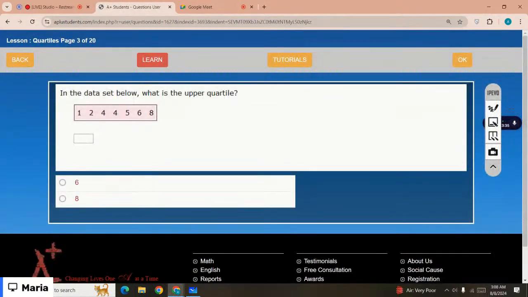In the data set below, what is the upper quartile? So which is the correct option?